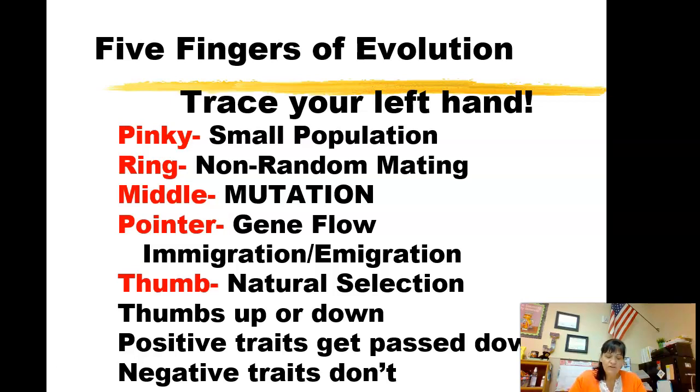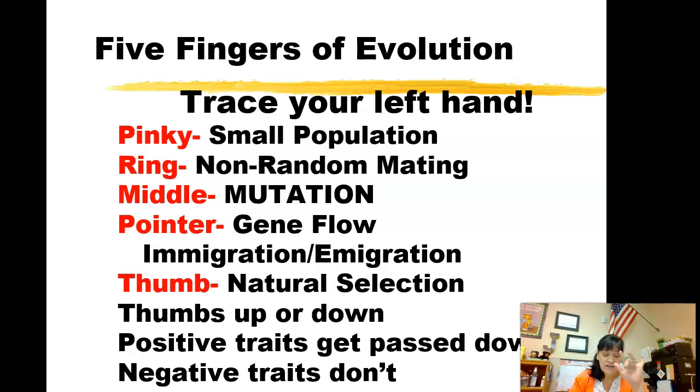Whether it be a bird choosing to mate with another bird because of the fancy dance they do, right? It could be with humans choosing somebody who looks more like you, or maybe doesn't look more like you, right? I mean, it's all in the choice of who you're mating with. Okay, so non-random mating.